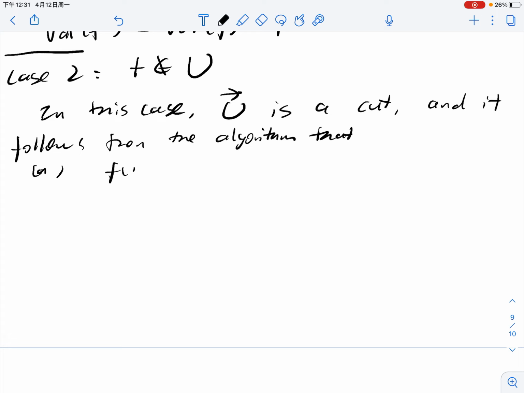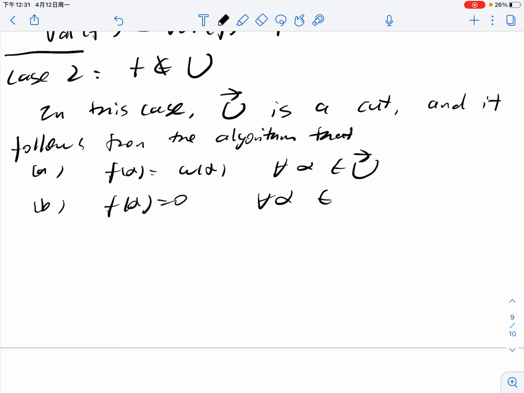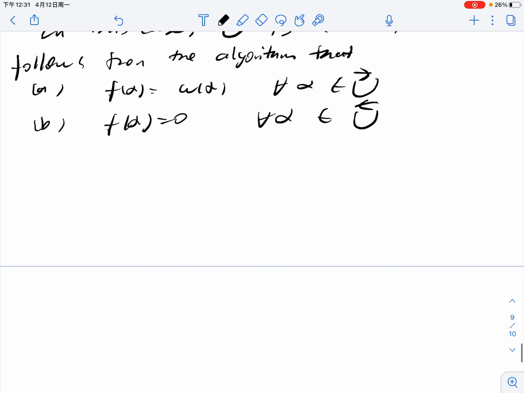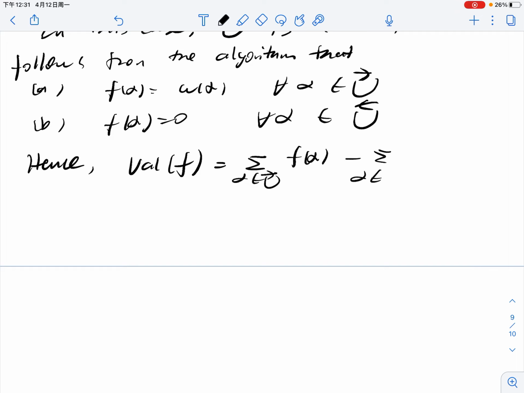Therefore, f of alpha is omega of alpha for all alpha in the leaving set of U, and f of alpha is 0 for all alpha in the entering set of U. Hence, when we calculate the value of f, we have the extremal case.